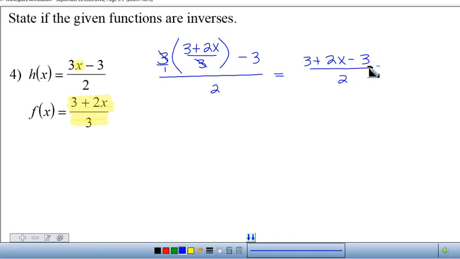Look for things that can be combined or can cancel. The 3 and the -3 cancel each other out, leaving me with just 2x divided by 2. And now finally, the 2's can cancel. So I am left with just x, which means yes, these are inverse functions.